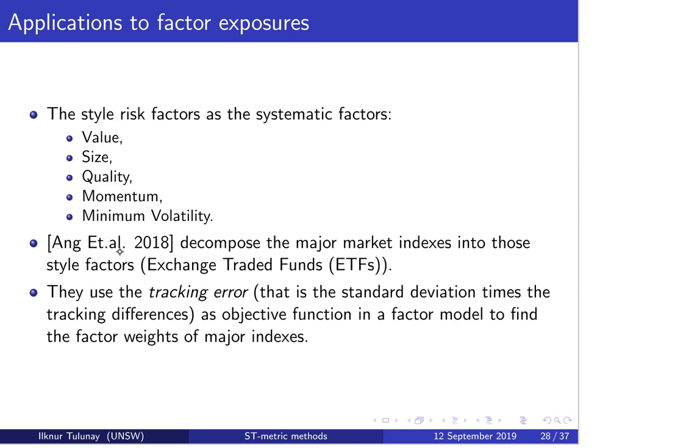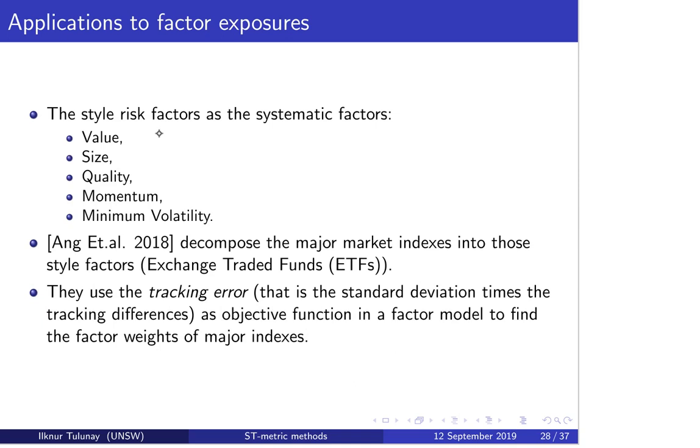Ang and his group in 2018 decomposed the major market indices into those style factors by using exchange traded funds as liquid assets. They used the tracking error, that is the standard deviation times the tracking differences, as the objective function in a factor model to find the factor weights of major indices.